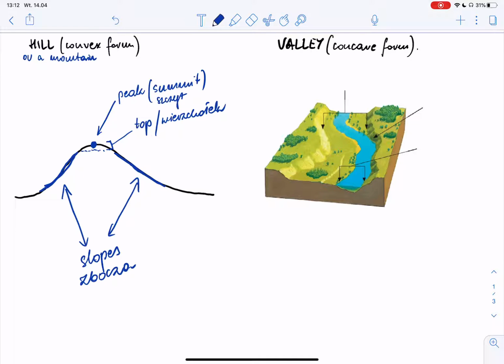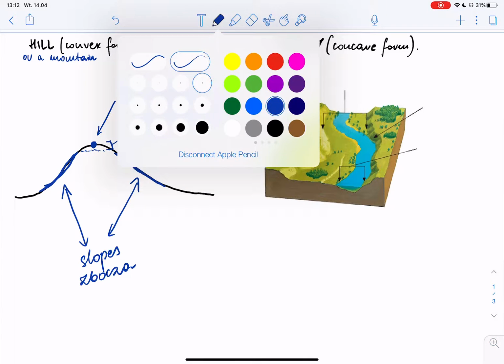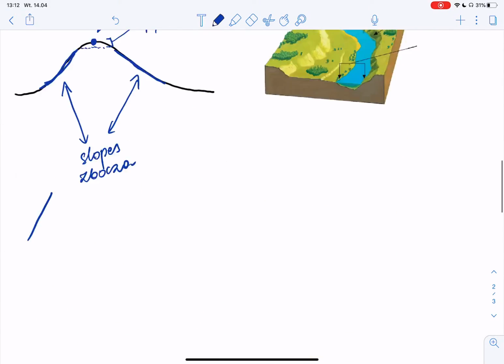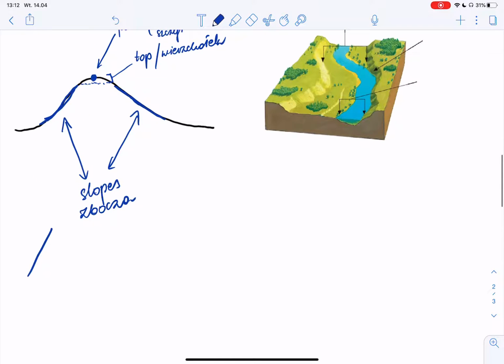And guys, slopes, depending on whether they look more like this or more like that, can be called steep, strome, or mild, łagodne.